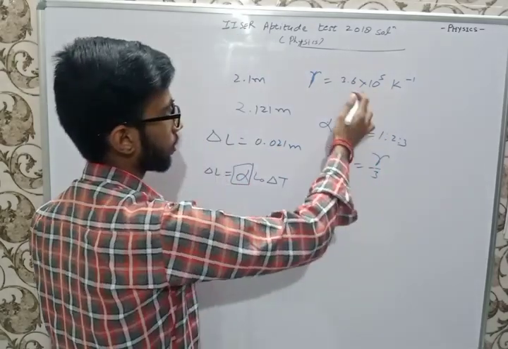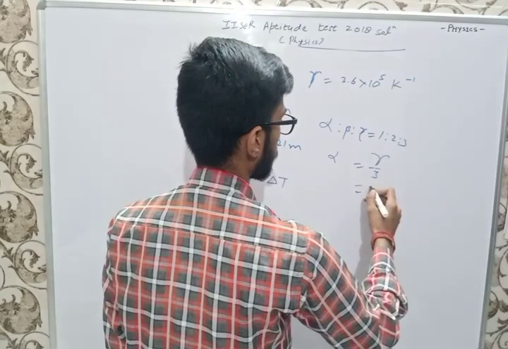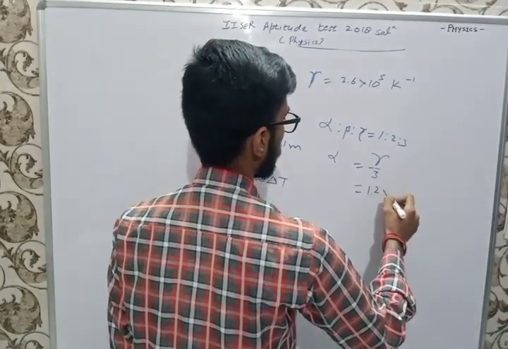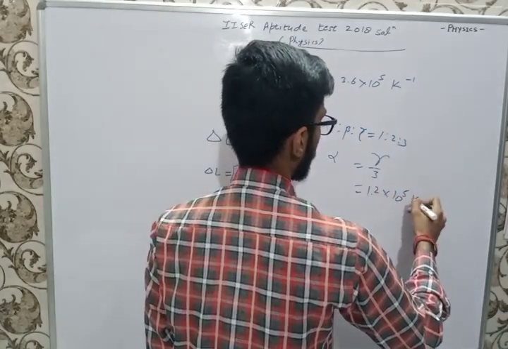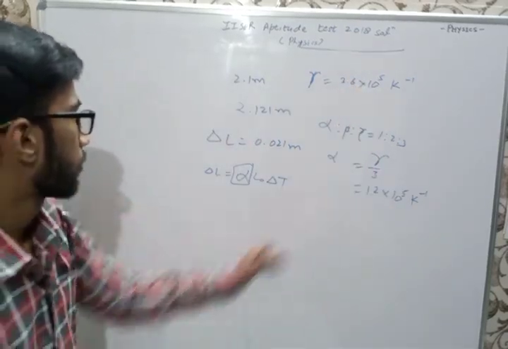What is the value of gamma? 3.6 into 10 to the power 5. So it is 1.2 into 10 to the power 5 Kelvin inverse, you can divide it by 3. So put this value here.